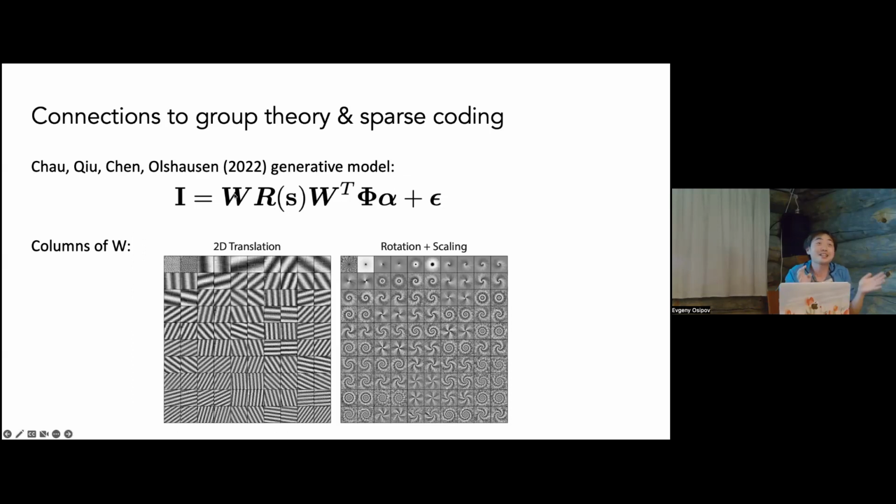I realize this explanation is a bit fast, but I just want to motivate that this is exactly the same kind of model as the 2D translation or rotation scaling model that Alpha and Paxton are doing. The nice thing here is that they're learning what the transformation should be. But the advantage of the model that Alpha and Paxton have is that it's better able, or quicker, at doing these kinds of factorization tasks.